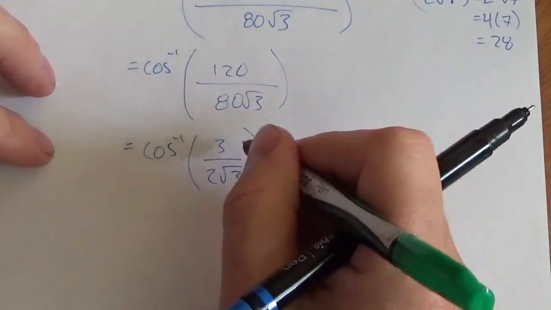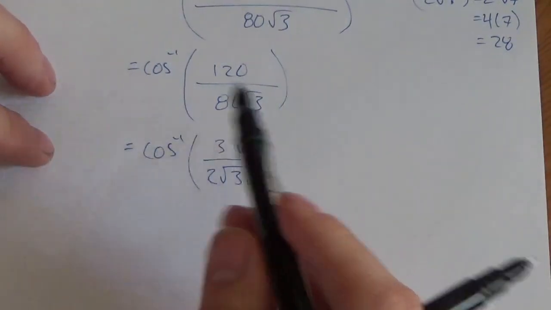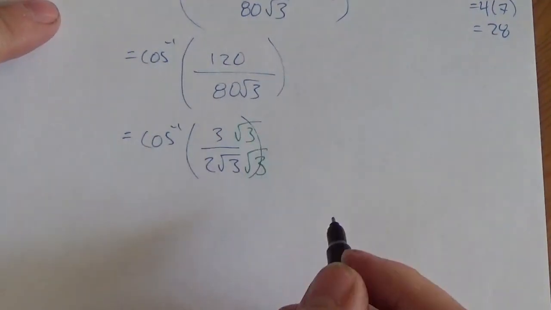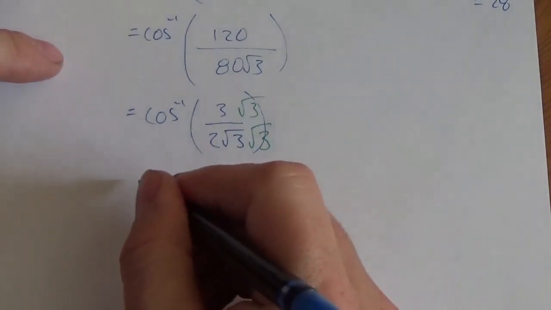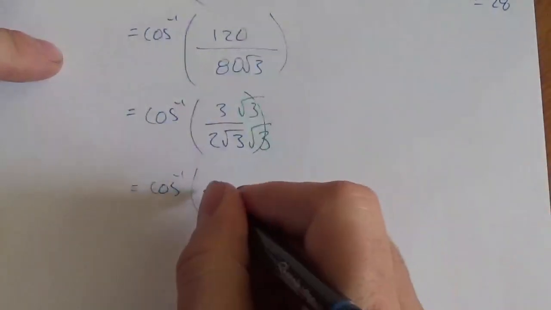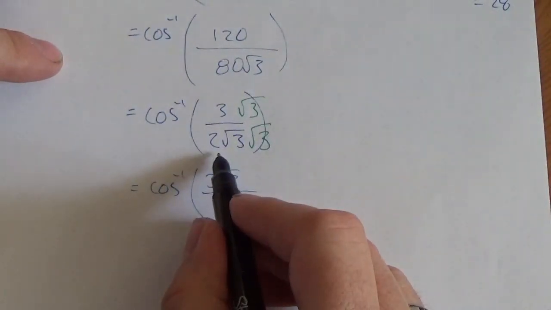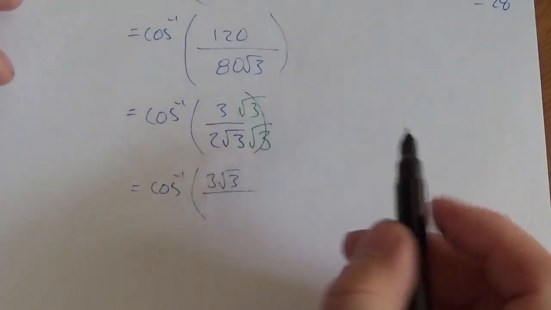We're going to multiply by root 3 in the denominator. But if I do that down here, I've got to do it up here too, because I have to do the same thing to the numerator and denominator, or else I did change the value, and I don't want to do that. Now, the numerator is just going to be 3 root 3, but in the denominator, root 3 times root 3 is 3.